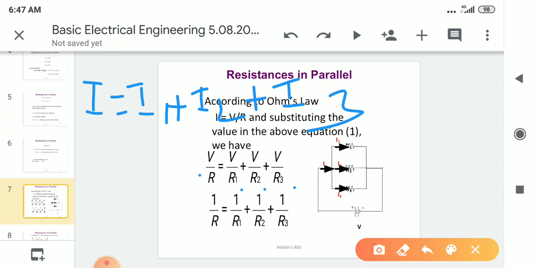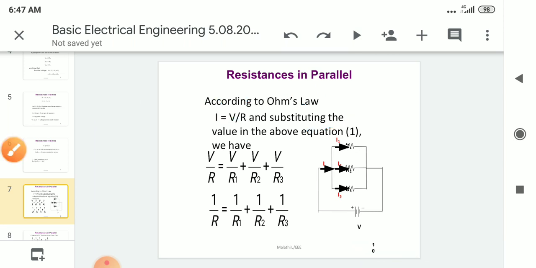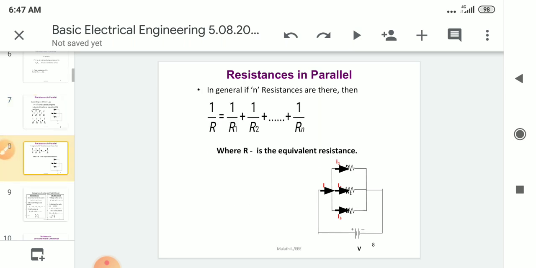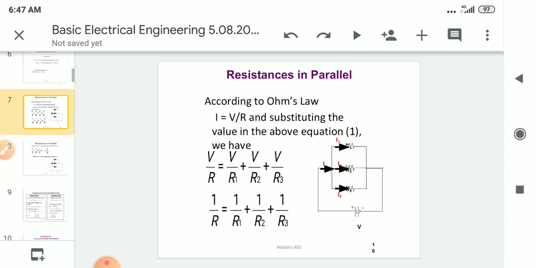Take the common V and cancel on both sides. Then finally we get 1 by R is equal to 1 by R1 plus 1 by R2 plus 1 by R3, and so on. If it has n resistances, then this is the equivalent resistance formula. Here in parallel, the voltage is the same.